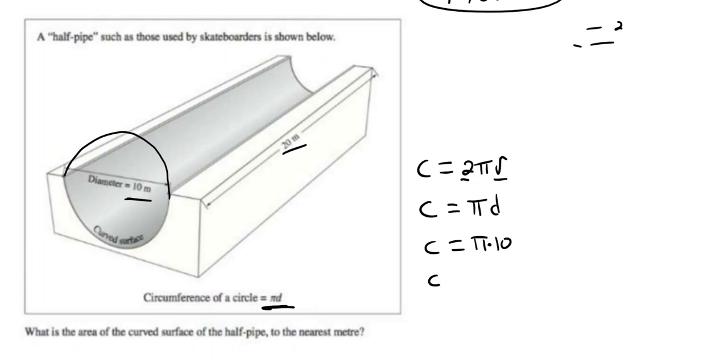So the circumference is equal to pi times the diameter, which is 10, so pi times 10. We're pretty close here. Let's put in a number for that just to get our bearings. So we can go pi times 10, and we get 31.4159 meters for the circumference there.